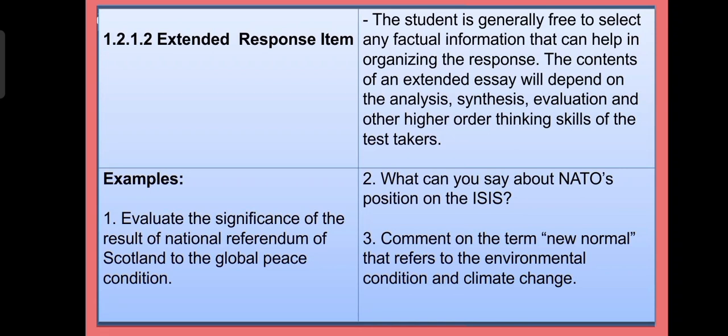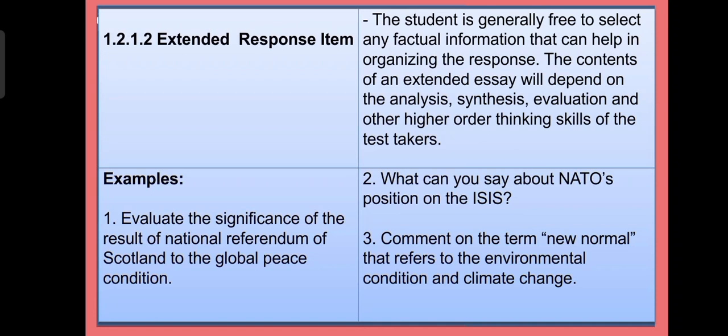First, evaluate the significance of the result of the national referendum of Scotland to the global peace condition. Second, what can you say about NATO's position on ISIS? Third, comment on the term new normal that refers to the environmental condition and climate change.